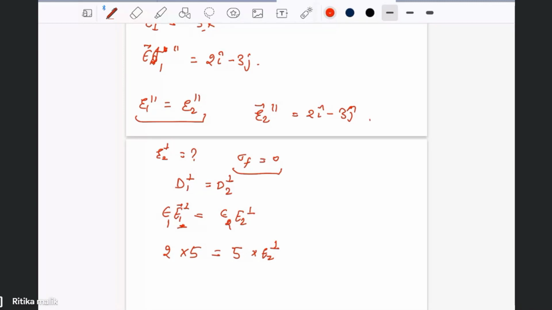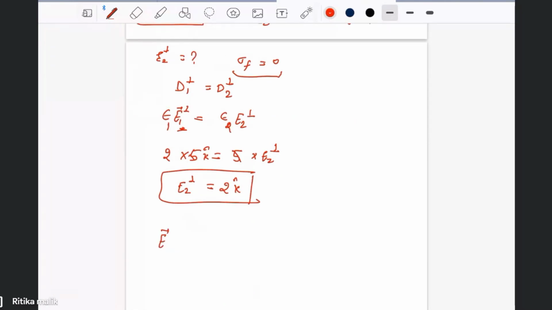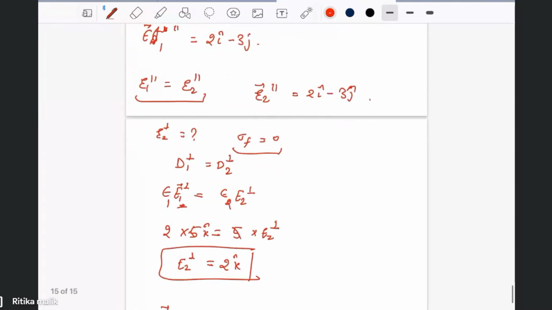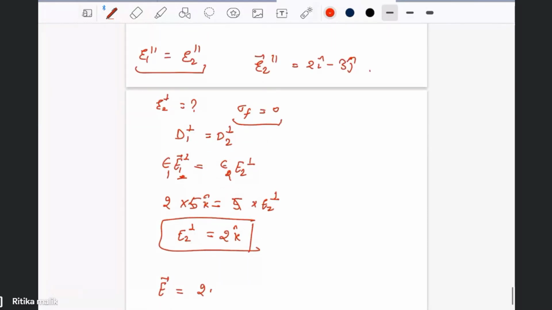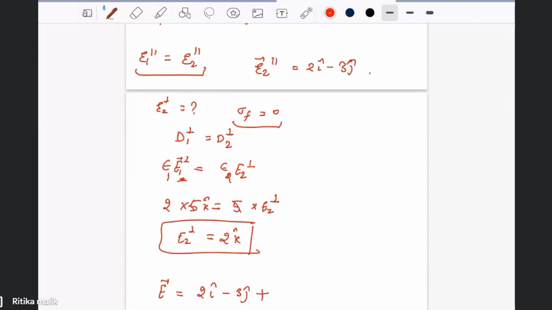The 5 will cancel out, so E2 perpendicular becomes 2 in the k cap direction. So our total E2 vector is the parallel component 2i minus 3j plus the perpendicular component 2k.